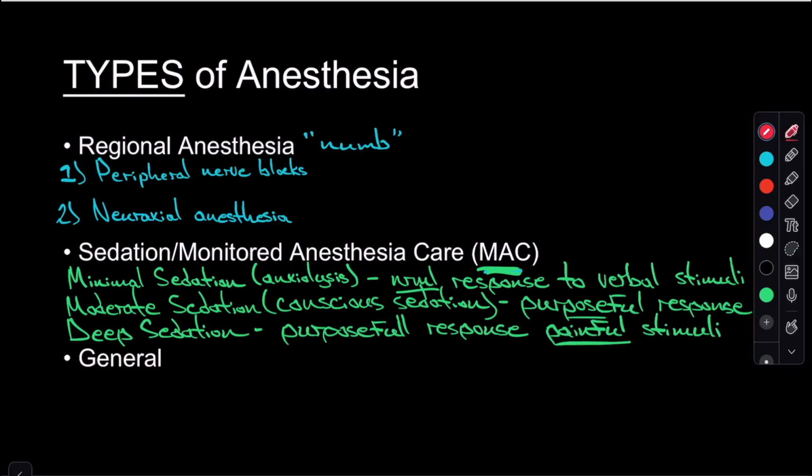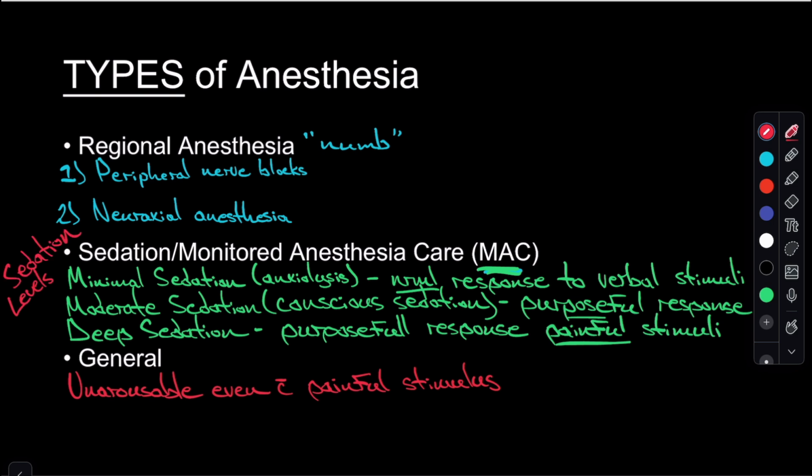General anesthesia is the process of making a patient unarousable even with painful stimulus. This is the fourth stage of the different sedation levels. So the first three are minimal sedation, moderate sedation, and deep sedation. And then the fourth stage of sedation is general anesthesia.